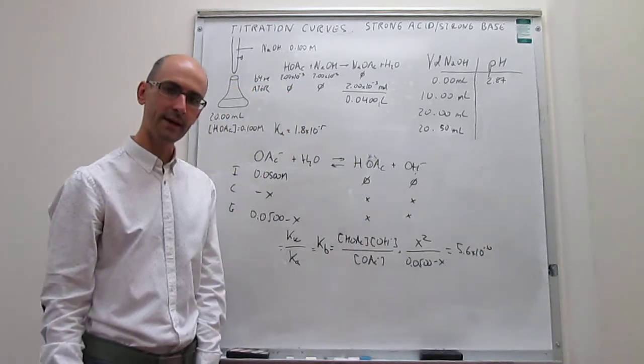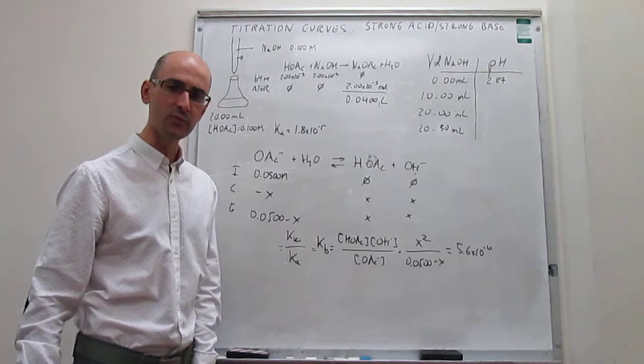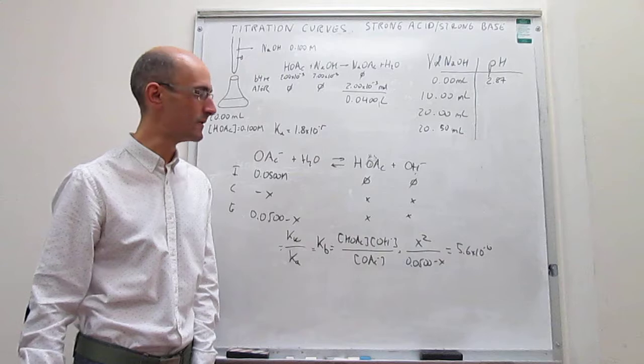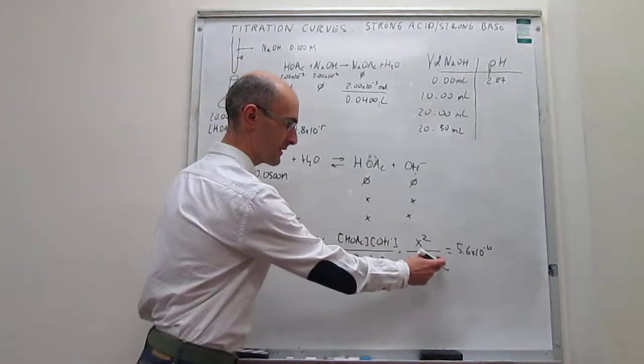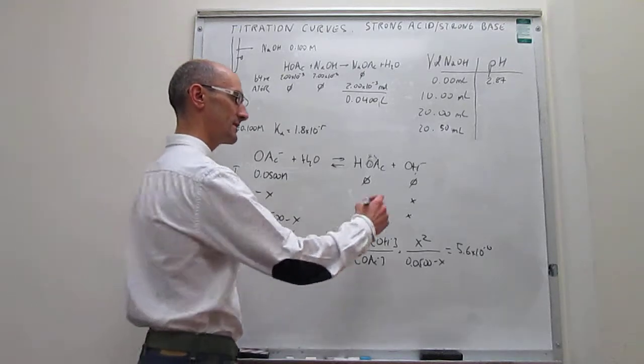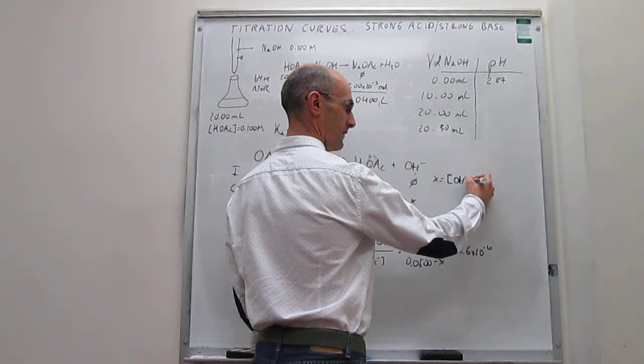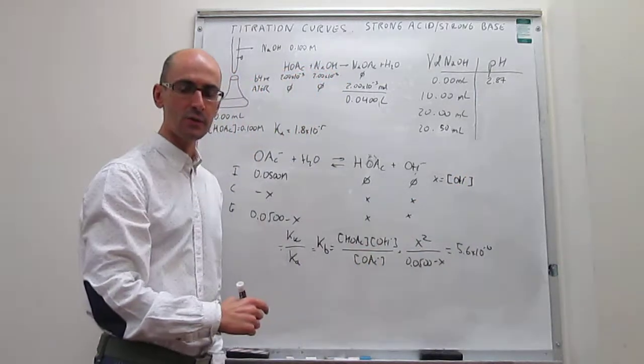All right, so you're back at your algebraic calculations where you will have a quadratic expression which you can solve using an approximation here, and that is to neglect this x with respect to this number. And then what that returns is x, which happens to be the concentration of hydroxide. This is important. Don't confuse this with the concentration of protons.